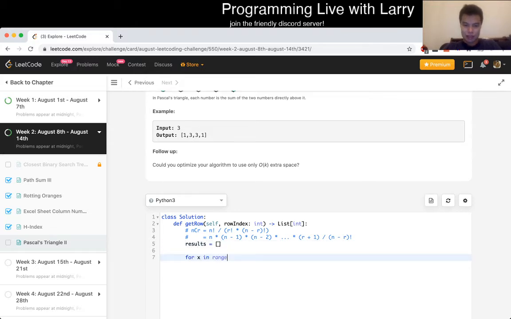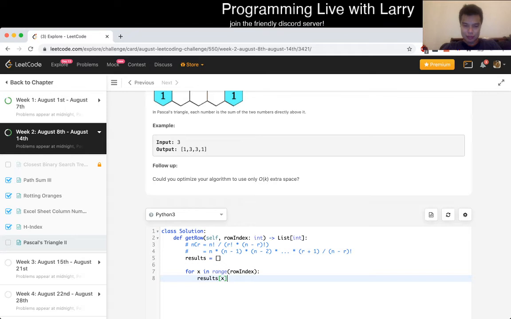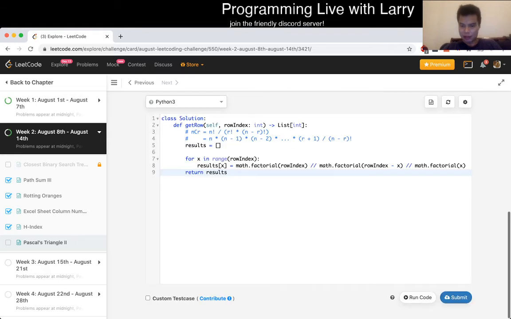Result is a range of row index. Maybe off by 1 here, and that should be roughly n minus r, potentially off by 1, just because.